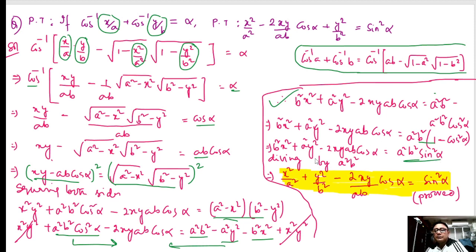So we get this. Now dividing by a square b square, if I divide this by a square b square, what will remain is this. Dividing this, it will remain this. And dividing this, it will remain sine square alpha, which is proved.